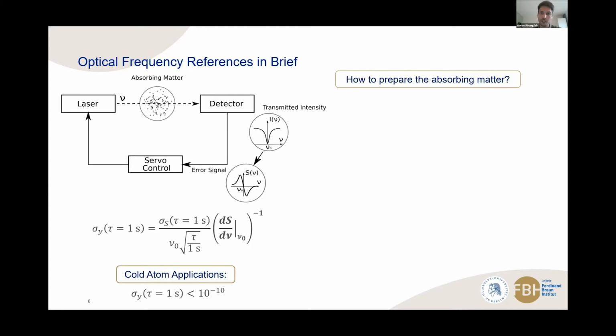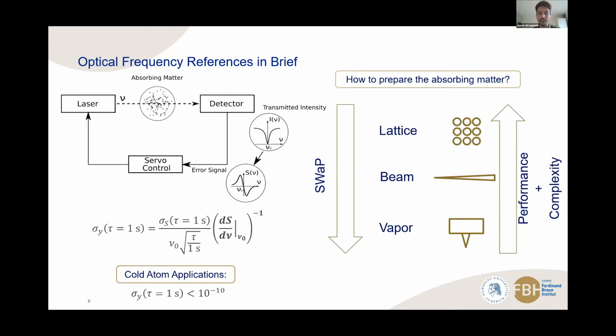And there are different options, and I will give you a simplified overview here, which starts with the highest performance systems being lattice clocks. There are also other systems that have high performance like ion clocks, just to be simple here. These lattice clocks have the highest performance that has been shown, but also have the highest complexity and thus the highest SWaP requirements.